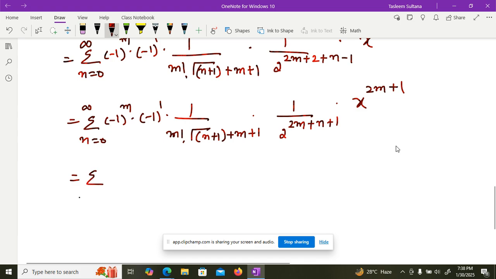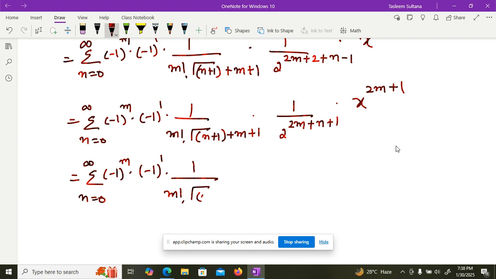It is equals to summation m is equals to 0 to infinity minus 1 to the power of m into minus 1 to the power of 1, 1 divided by m factorial gamma of n plus 1 plus m plus 1, into 1 divided by 2 to the power of 2m plus n plus 1, x to the power of 2m plus n plus 1, then x to the power of minus n. What I did here, I am adding the power plus n and subtracting the power minus n.